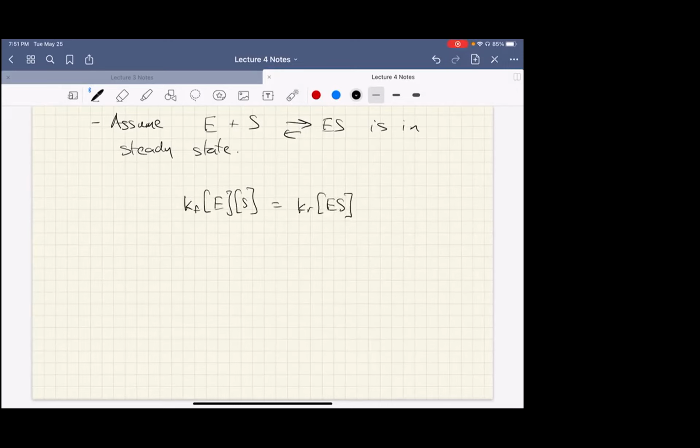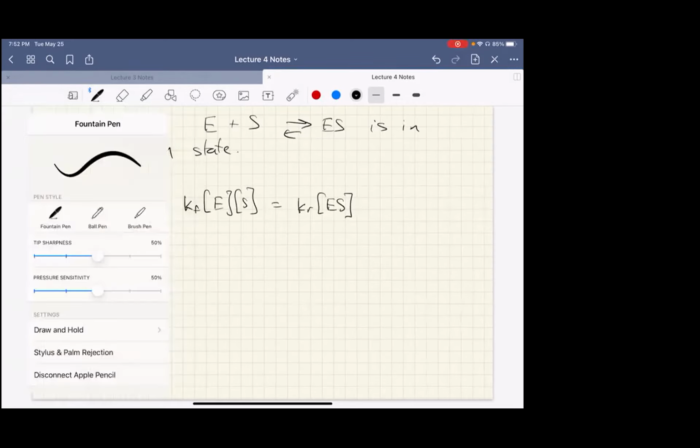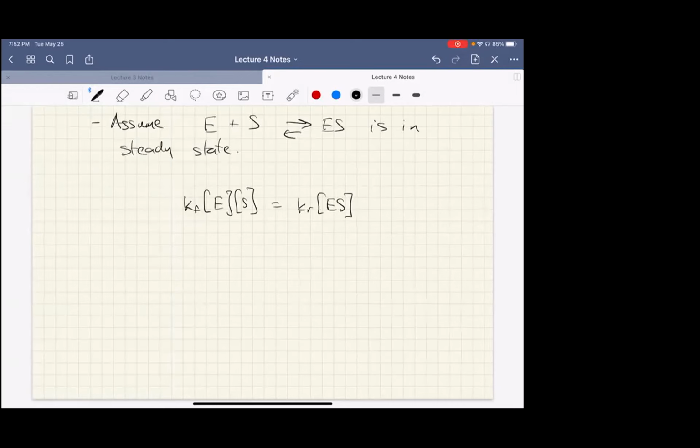What's more, we're going to call the concentration of E. So the amount of E initially is conserved.